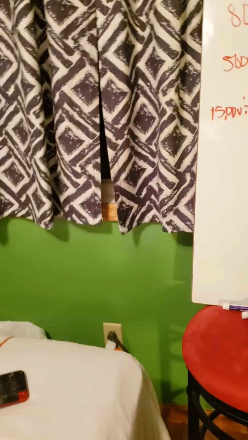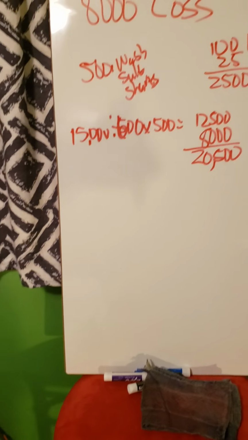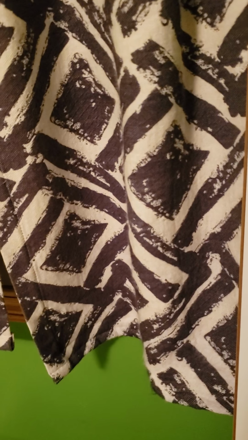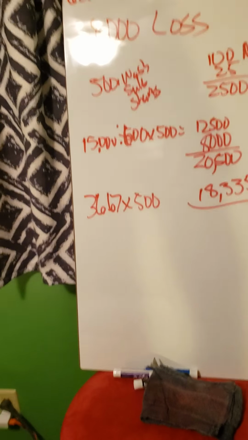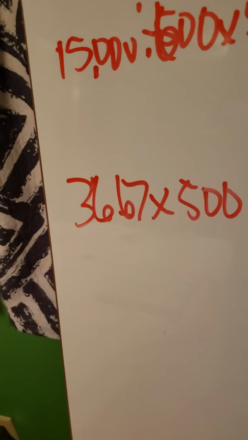So now when we sell these, it looks to me like the sales price is about $36.67 a share. So that's what we're going to use. When we take this $36.67 a share times 500 shares, we get $18,335 is my sales price, producing a loss of $1,165.